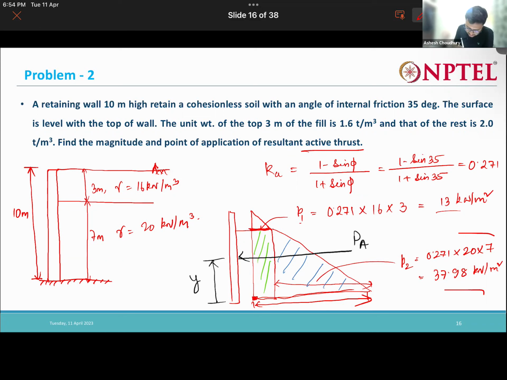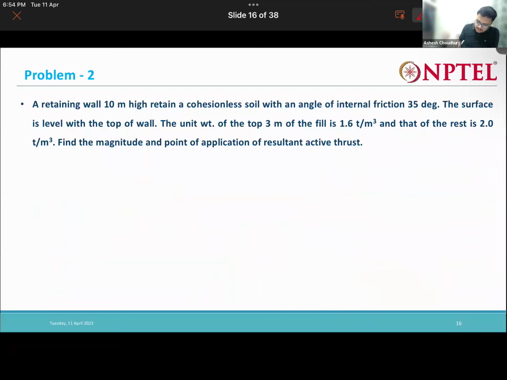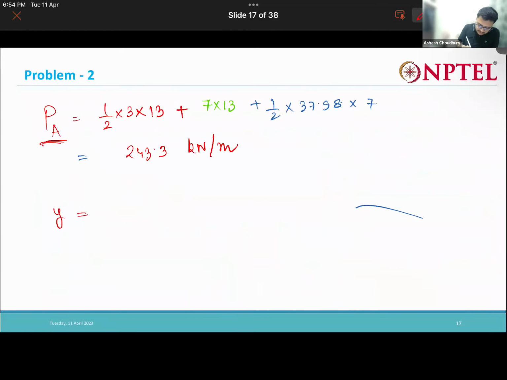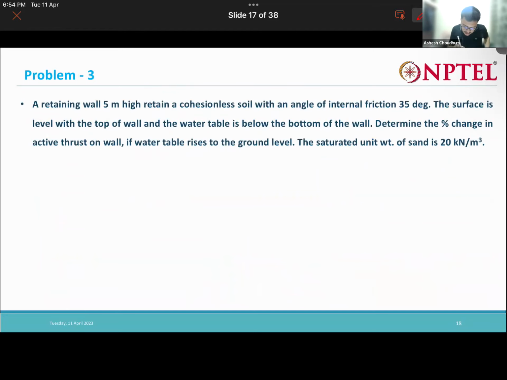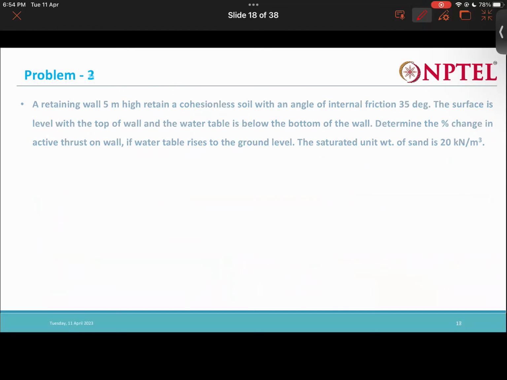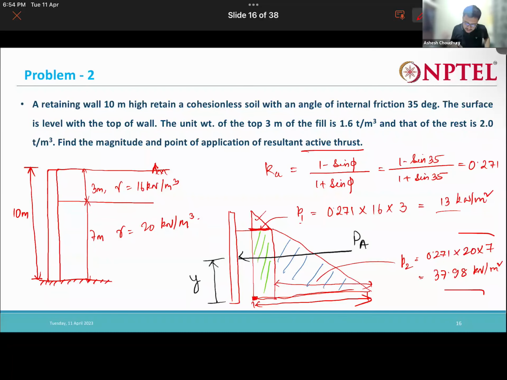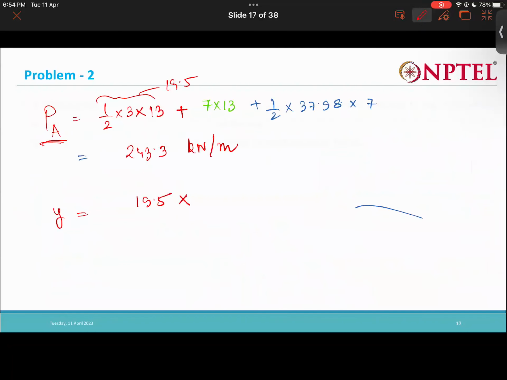P1. So what is the area of this triangle? This one first, half into 3 into 13. So how much is it? 19.5. So 19.5 into 7 plus 3 by 3, it is 8.